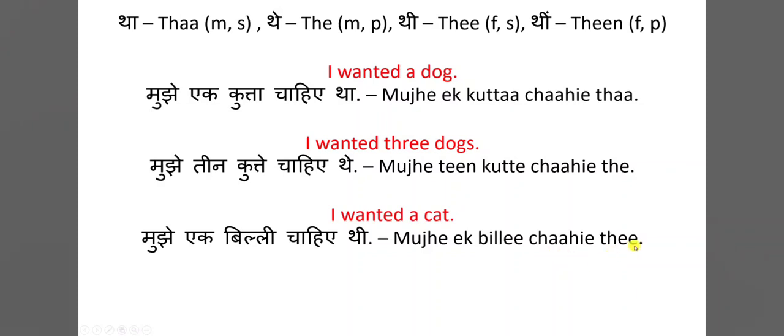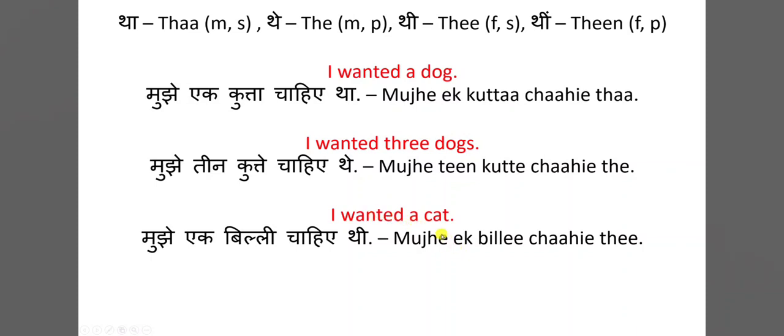Here, thi is selected because we have a cat as the object. A cat is singular and cat is feminine in Hindi. For singular feminine, we use thi as the be verb. मुझे चाहिए थी is I wanted or I did want.